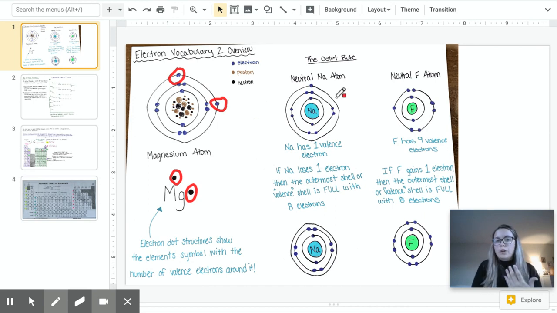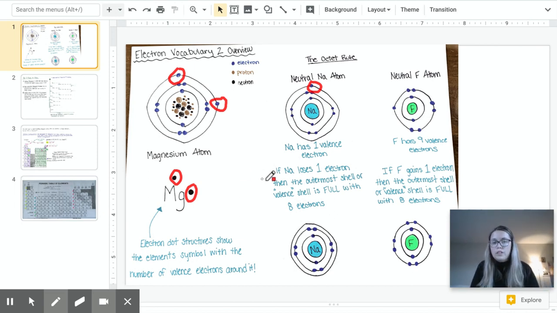First, we have sodium. Sodium has 1 valence electron in its outer shell. Gaining 7 electrons or losing 1 electron, which sounds easier? Remember, chemists are lazy, elements are lazy. They like to take the easy route. So are we going to gain 7 electrons or are we just going to lose 1 electron?